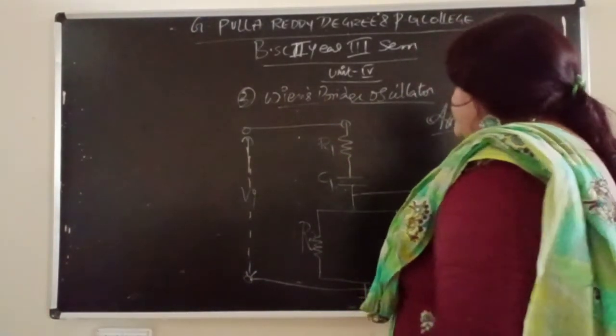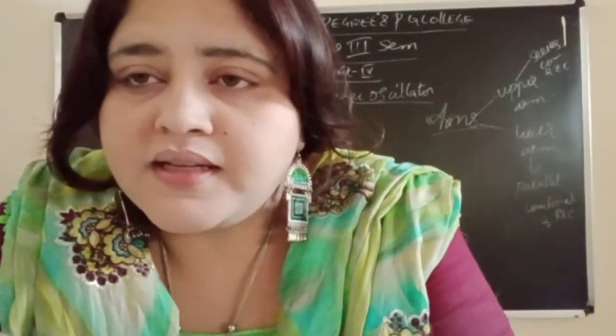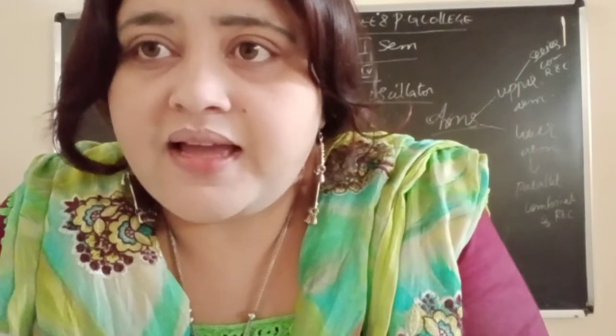Series means the A plus B formula, for example, and parallel means A into B by A plus B. Here A is the resistor and B is the capacitor. We have to take the reactance value of the capacitor and put it in the formula.